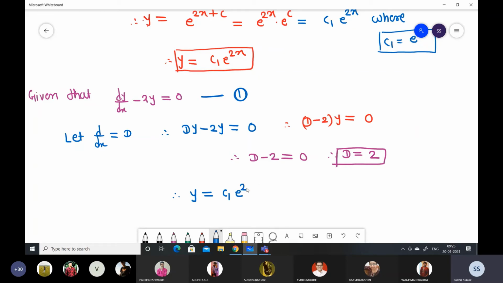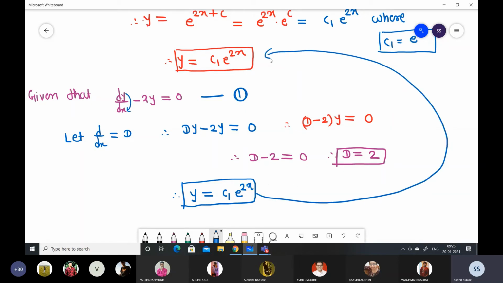Okay, so 2, and the independent variable is x. Now we can see the solution we directly obtain here is y is equal to c1 e to the power 2 times x. And now you can compare this solution with the solution we got earlier by the variable separable method, both are same.